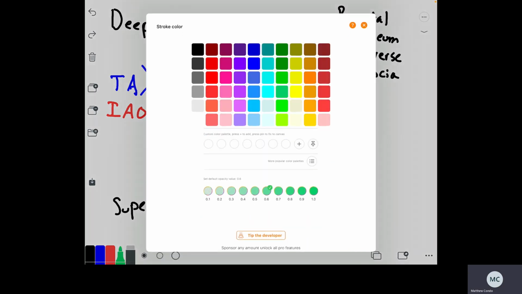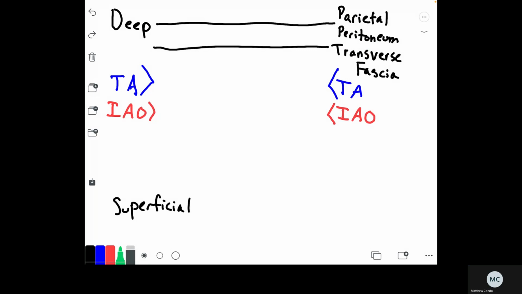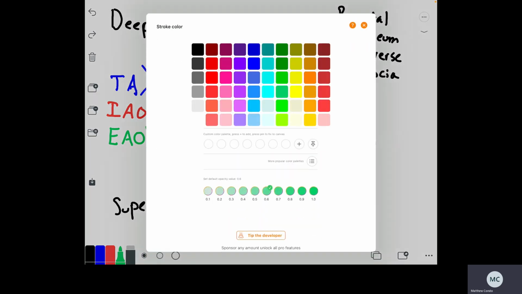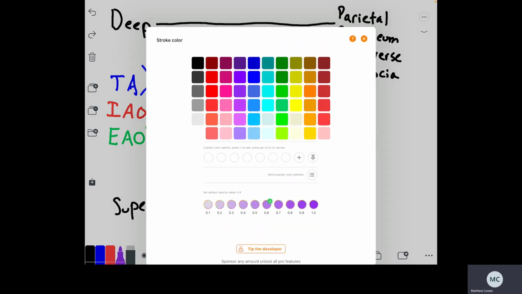Then moving more superficial, we're going to have EAO, and that's going to be external abdominal oblique. Now, right in the middle of this whole mess, we're going to draw in our rectus abdominis.